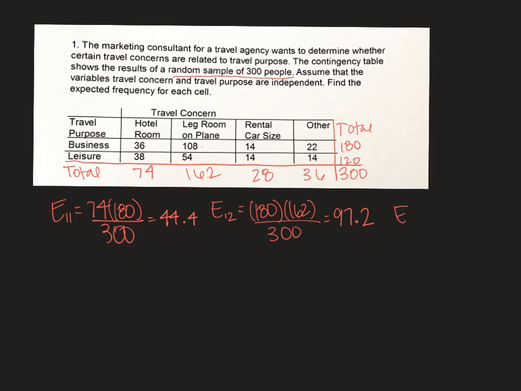I go to cell row 1, column 3 for rental car size in business. 180 times 28 divided by 300 is going to give me 16.8. And then my other column, so row 1, column 4, 180 times 36 divided by 300.